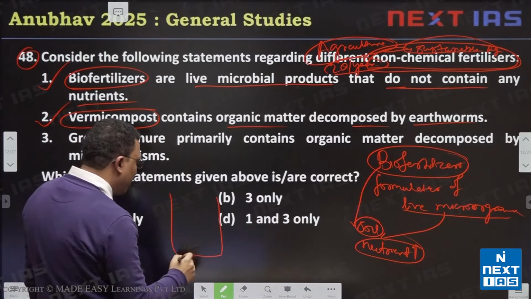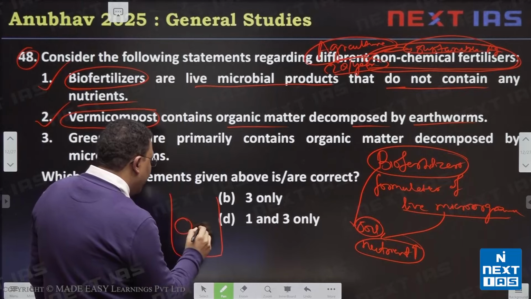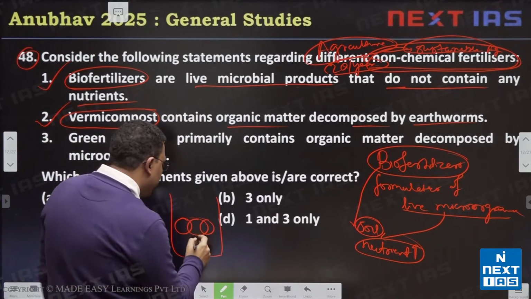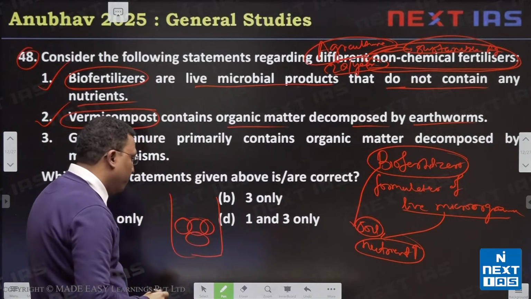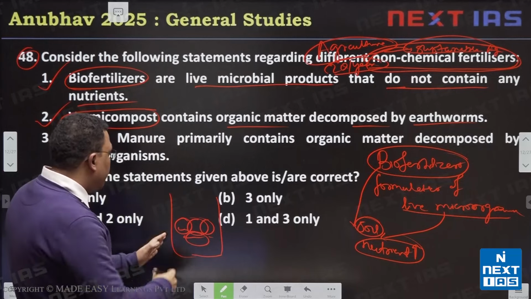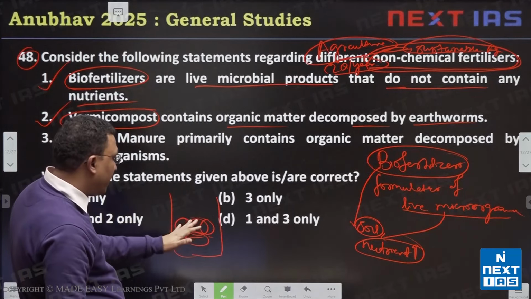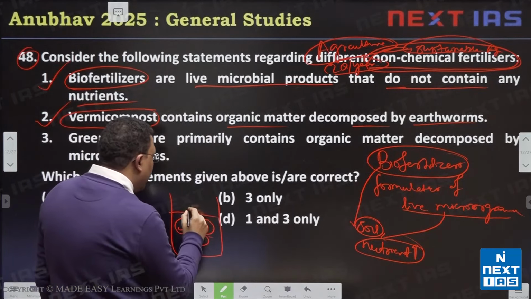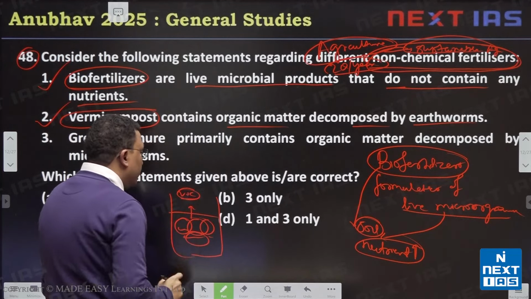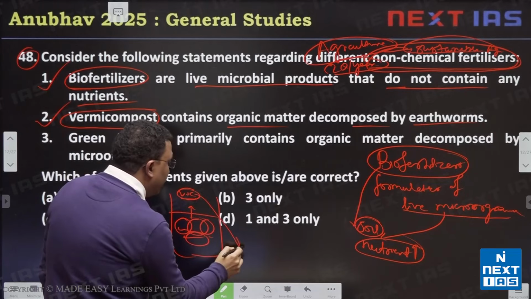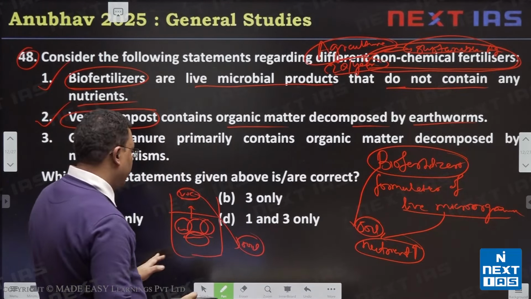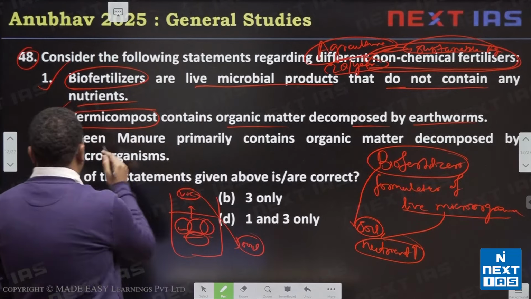So let's say there is a compost pit, and some organic materials such as cow dung, waste plants, waste food, etc. are put in the compost, and earthworms are put in the same compost. These earthworms decompose this organic material, and what is left after decomposition is called vermicompost, right? So this vermicompost is then applied to soil and it acts like an organic fertilizer, right? So this is a correct statement.